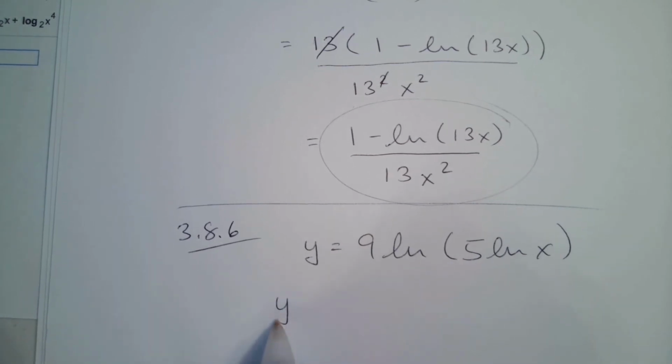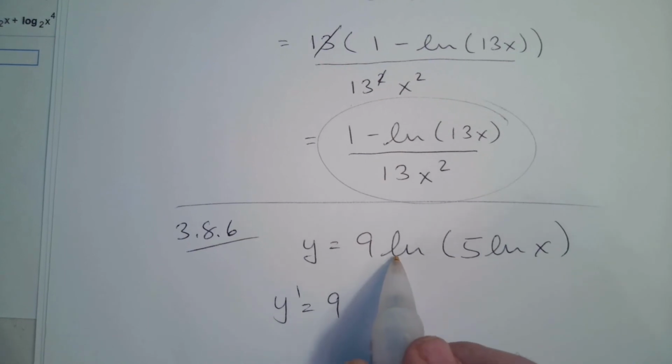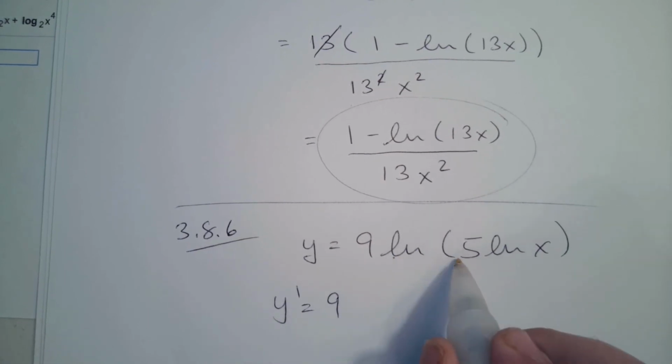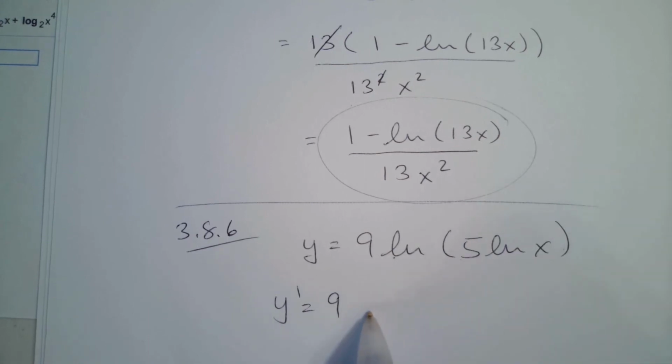So I said leading coefficient. So the derivative of ln is the derivative of the inside all over what's inside there. So the derivative of the inside is 5 times 1 over x.